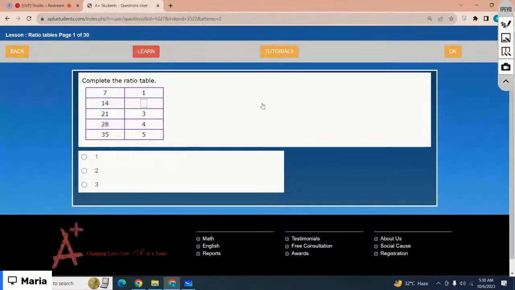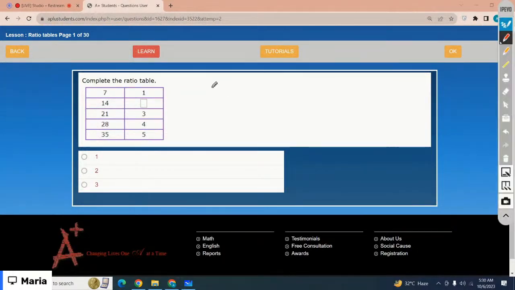Okay, complete the ratio table. The first one is 7 over 1, and this is 14. You have to calculate the missing value. 7 times what number is 14?